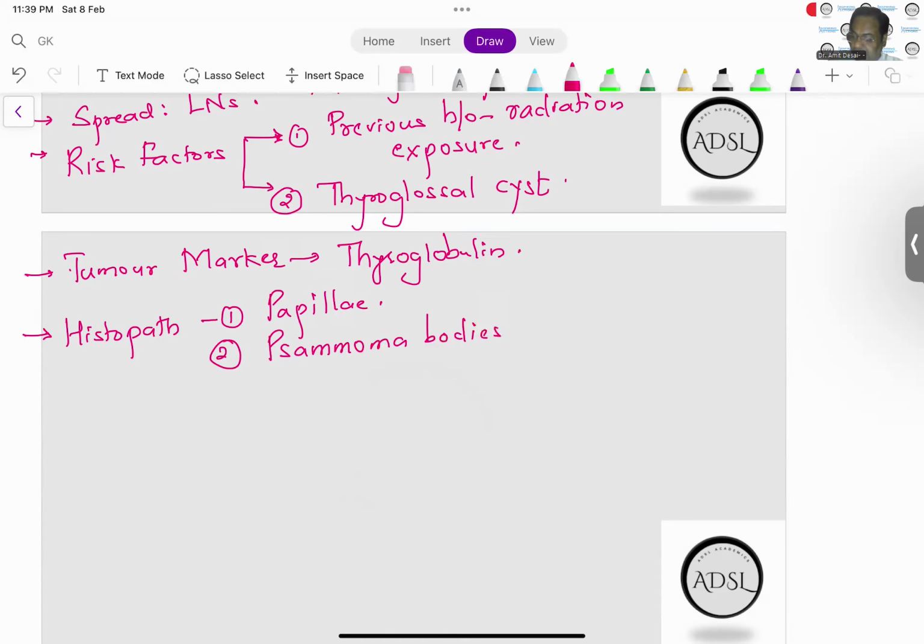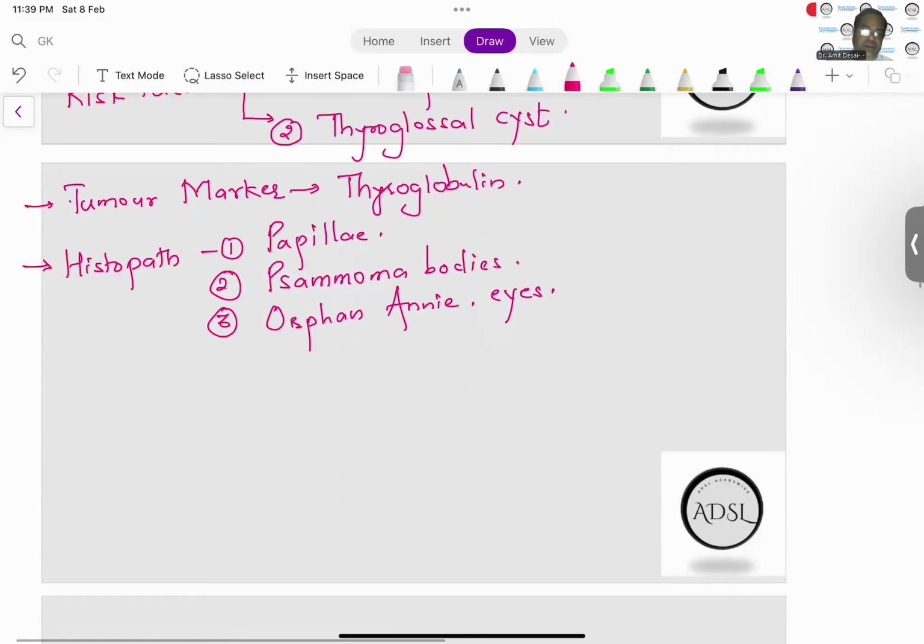And if you look at these cells, you will see that the cells have a dense nucleolus and a clear cytoplasm. So they look like the eyes of a cartoon character called Orphan Annie. That's why they are called Orphan Annie eyes. So these are important things that we must know about papillary thyroid cancer.